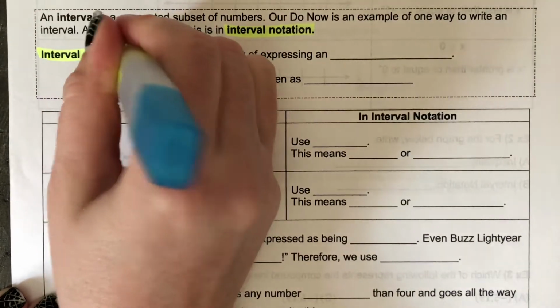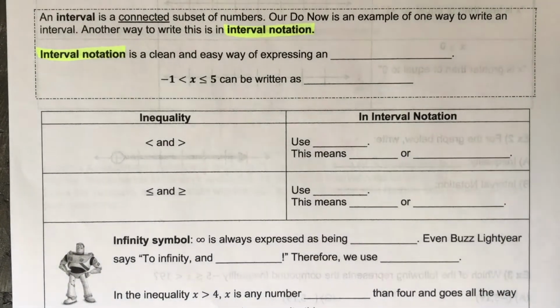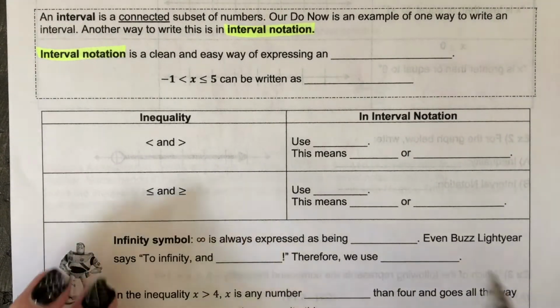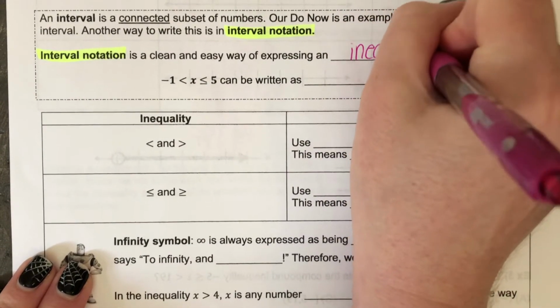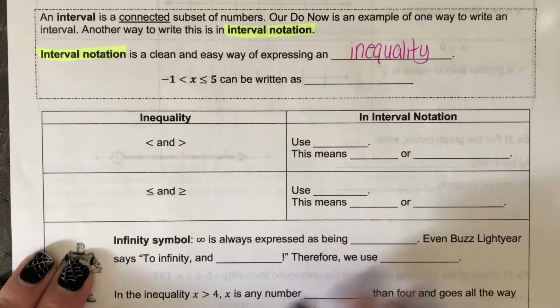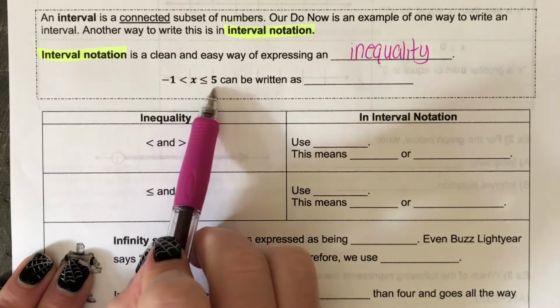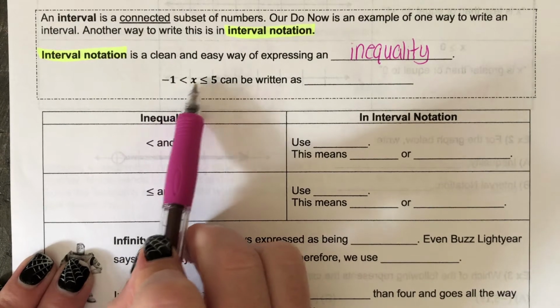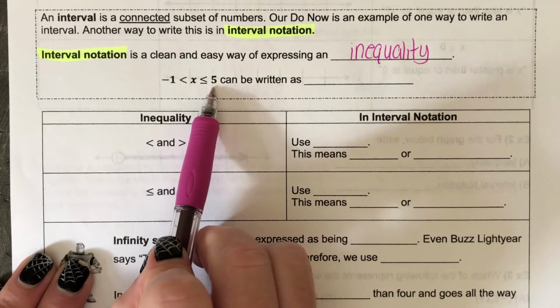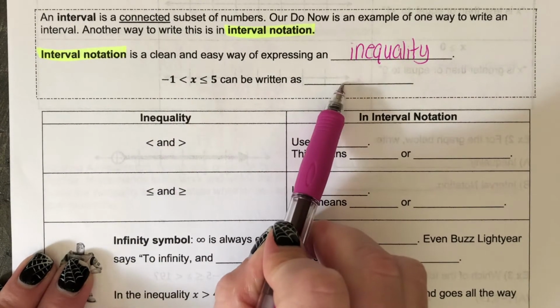All right, interval notation is a nice, clean way of writing an inequality. So instead of writing a compound inequality, like -1 is less than x, which is less than or equal to 5, I can also write it as interval notation.